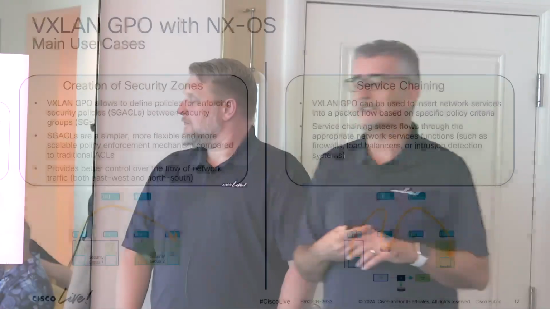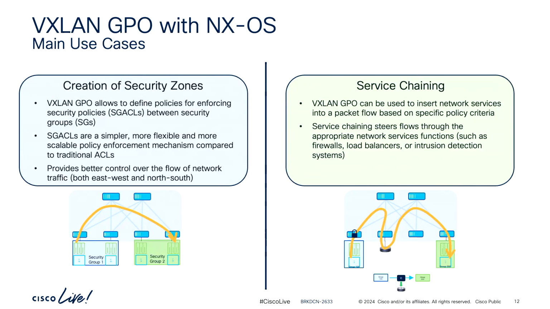The second use case, which I already mentioned, and which is probably the one that we will see a lot, is I created these security zones, and now instead of applying a contract between them, I say my policy is to redirect to a firewall because I want that firewall to be the policy enforcement point between these different groups.